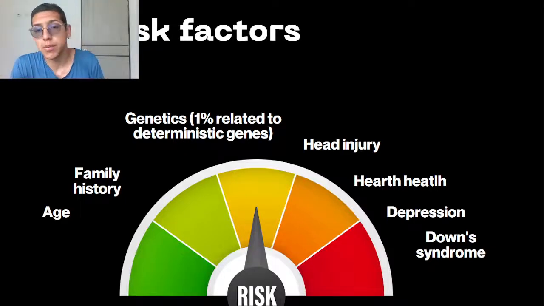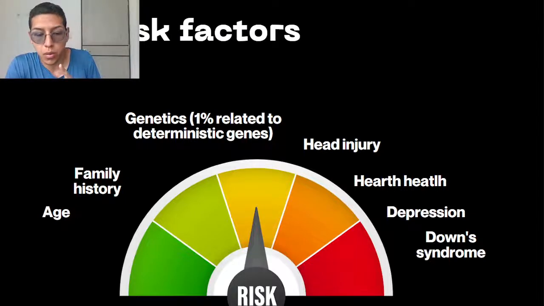Family history, that means that if in your family there are past cases of Alzheimer's, it is probable that someone in the present will develop it. Genetics is also important, because just 1% of the cases are related to deterministic genes.